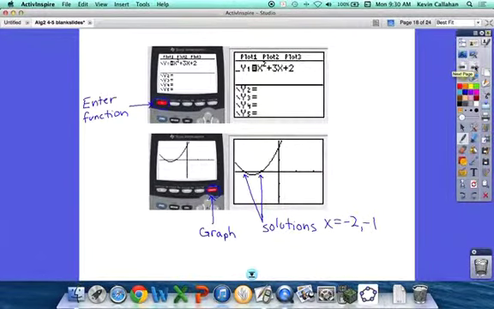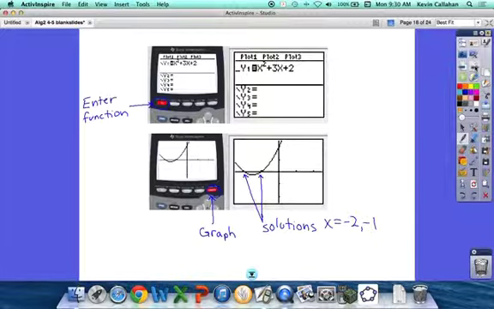So here's that first problem that we did, x squared plus 3x plus 2 equals 0. So if you have your calculator, you could try this. You put it on the y equals button, and on the first line, you put x squared plus 3x plus 2. And once that's in, you graph it.